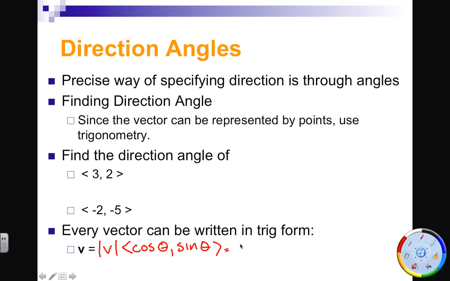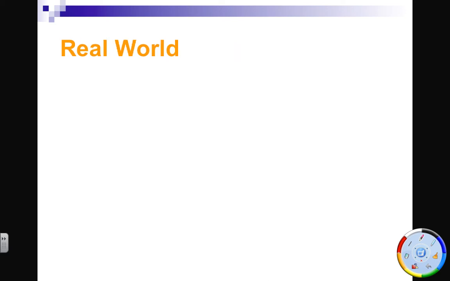Or you could write it where the magnitude's on the inside: magnitude v cosine theta, magnitude v sine theta. So obviously you're going to need to find theta. You could do that for this problem up here, and for this one down there. Trig form comes in handy for many different things.